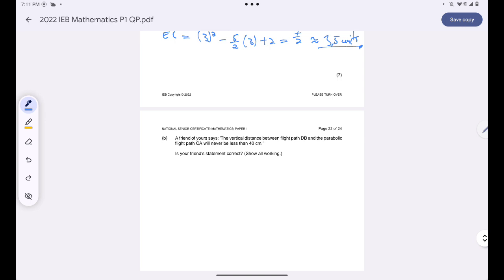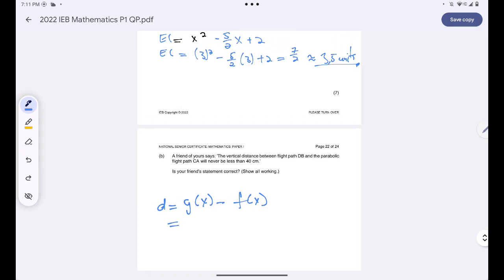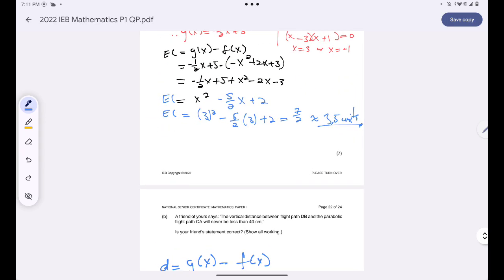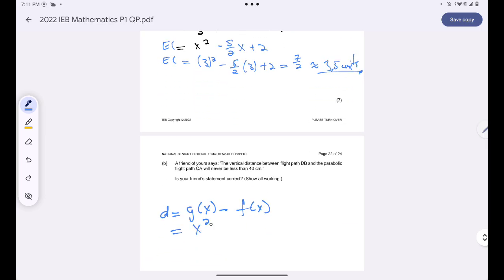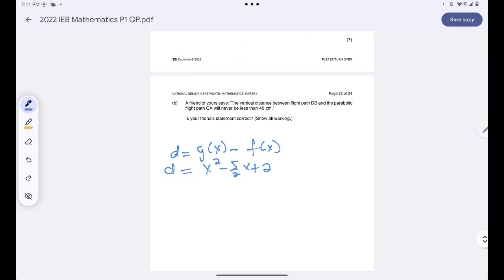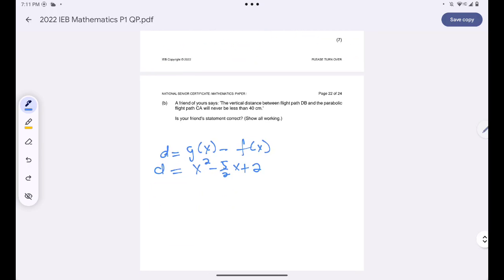Remember that the vertical distance between two graphs is just the top graph minus the bottom, and the top graph is g of x, the bottom one is f of x. We did that earlier. We got an equation of x squared minus 5 over 2x plus 2. This is the vertical distance between the two graphs.